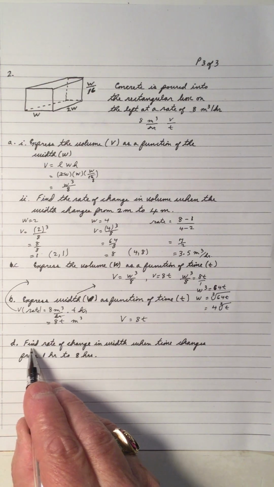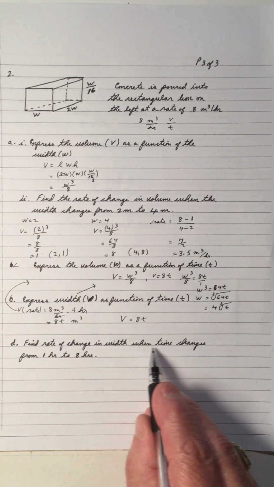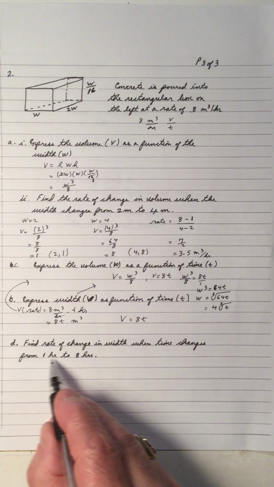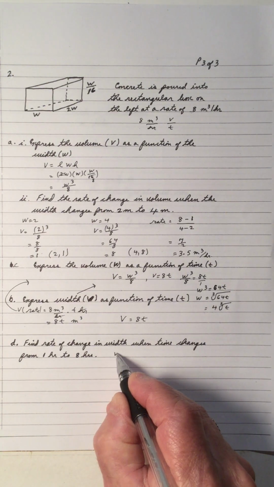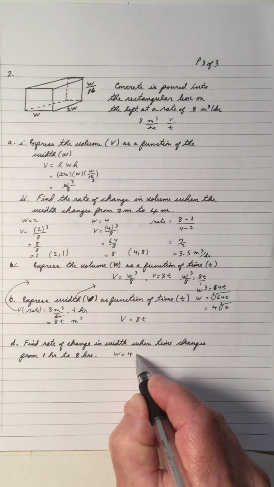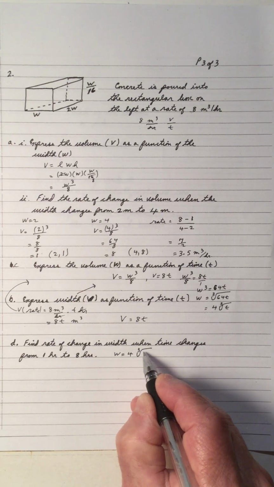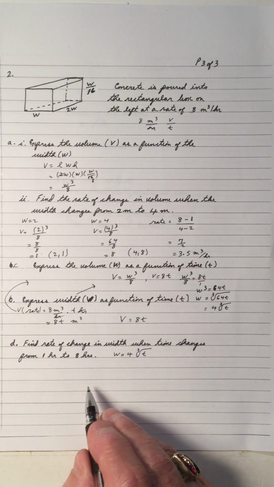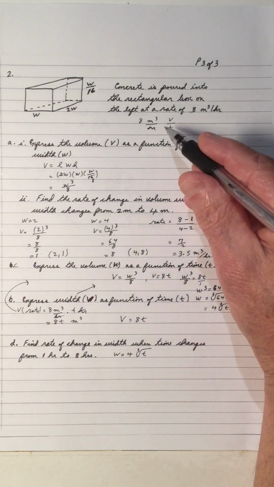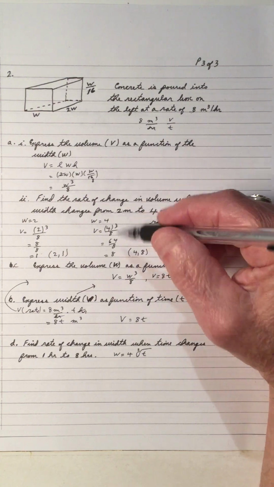Because when we do find the rate of the width when the time changes from 1 hour to 8 hours, I have to use this equation. So W is 4 cube root of T. That's the width as a function of time. The problem is a little bit different, and I'm leading you through.